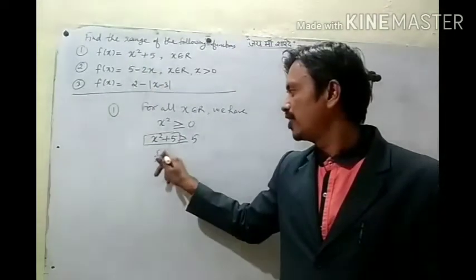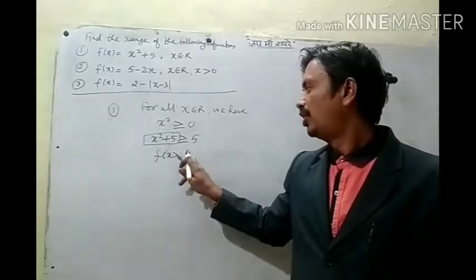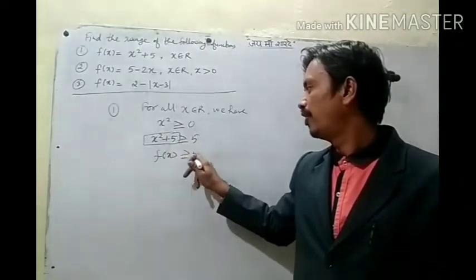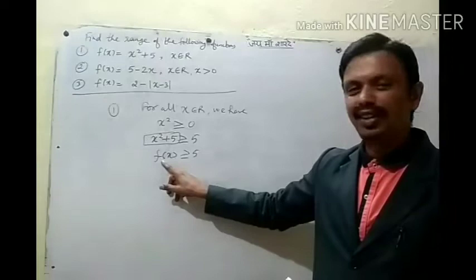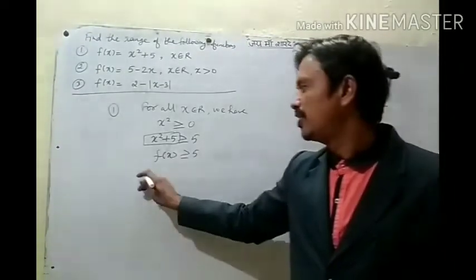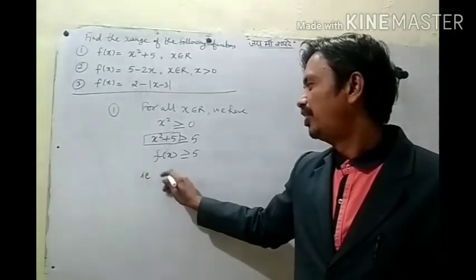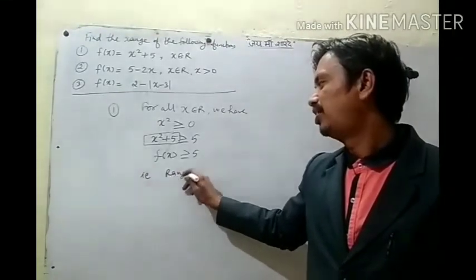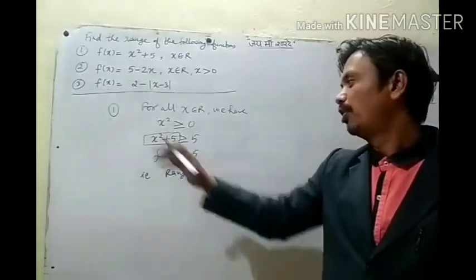So f of x is more than or equal to 5. f of x is what? Values of y only. So y is more than or equal to 5. It means your range is more than or equal to 5.